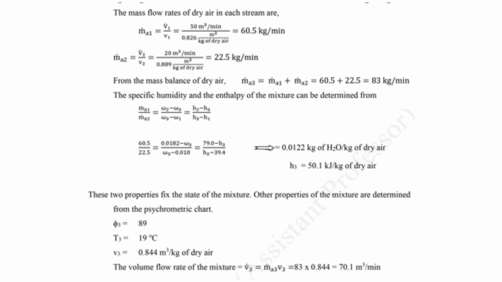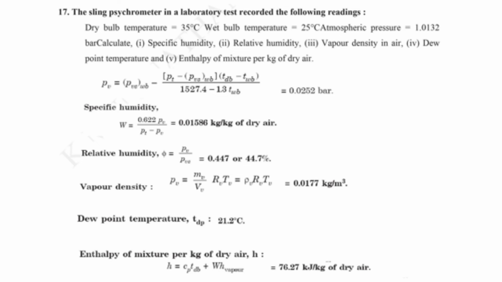From that we can calculate the h3 value. These two properties fix the state of the mixture. Other properties of the mixture are determined from the psychrometric chart, so that the volume flow rate of the mixture is V3 equal to the mass flow rate of dry air at 3 times small v3.